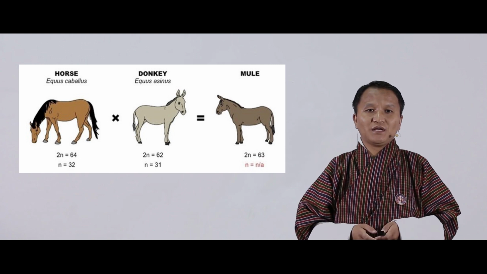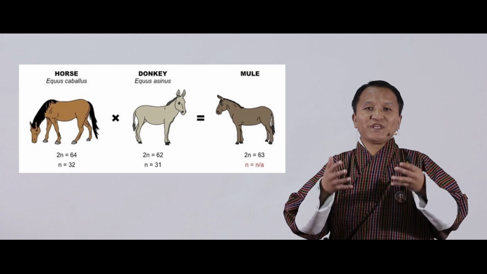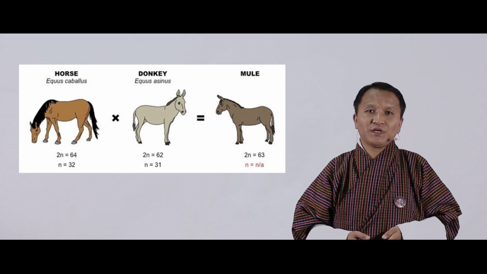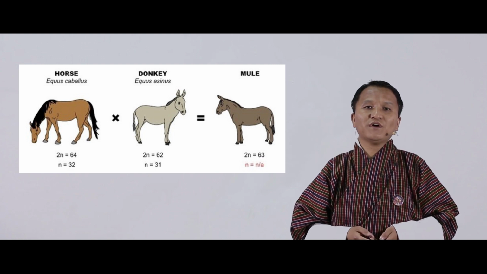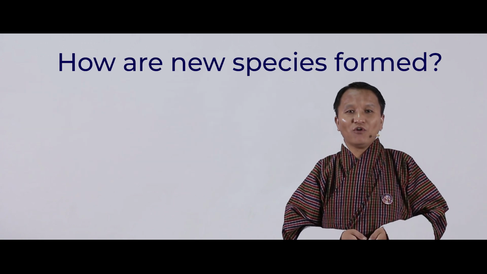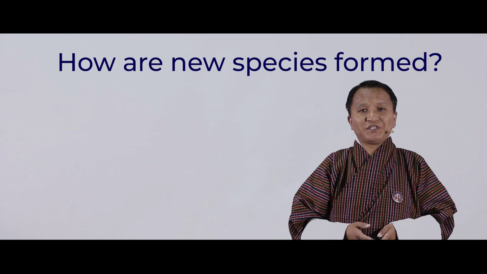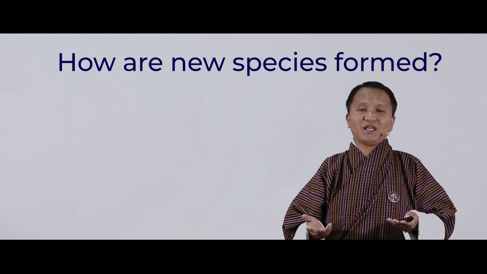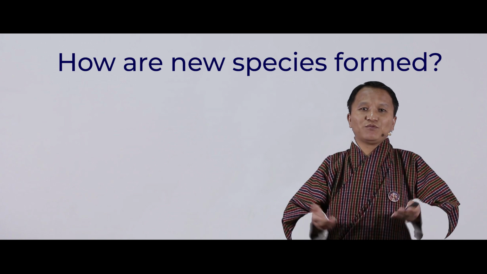So this shows that the horse and donkey, though they can interbreed, are not able to produce fertile offspring. Therefore, they are not of the same species. How are new species formed? Because we have said that some 3.5 billion years ago, it wasn't like Earth, but today we see diverse forms of life.